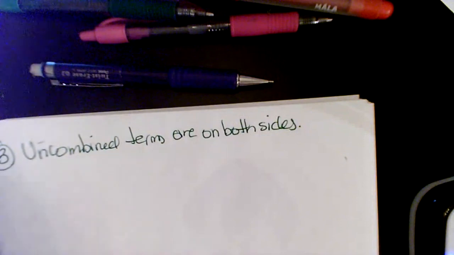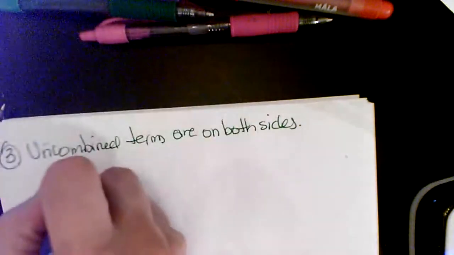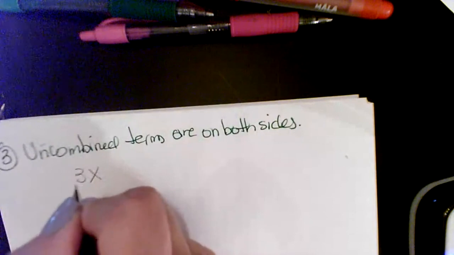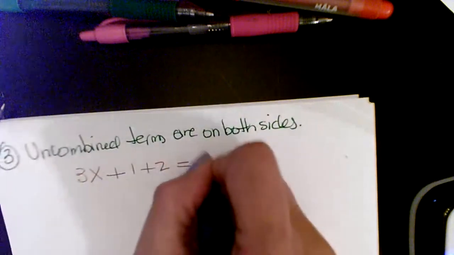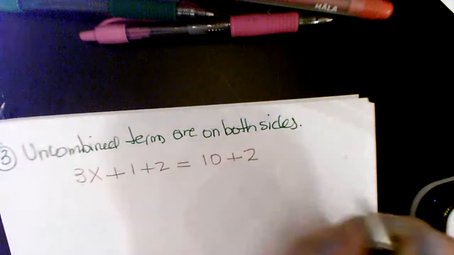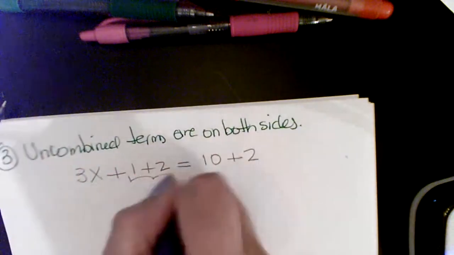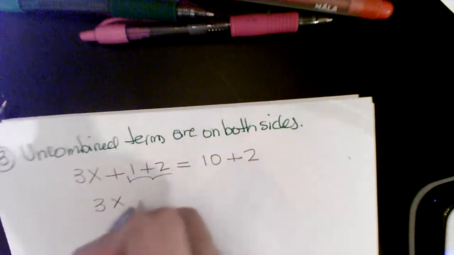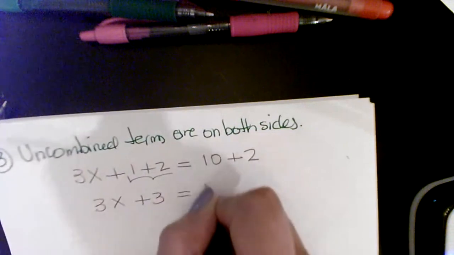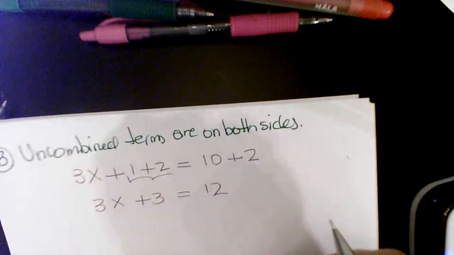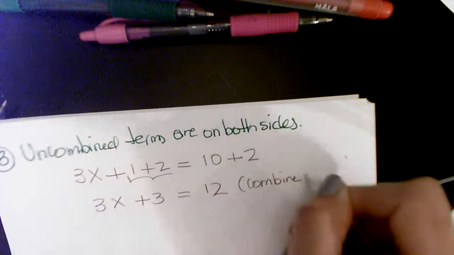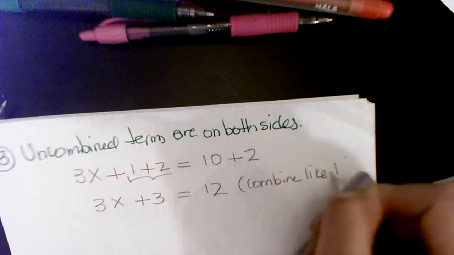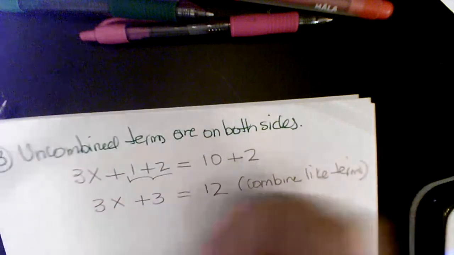It will be 3x plus 1 plus 2 equals 10 plus 2. So what do I need to do? Just combine the like terms. This will be 3 and this will be 12. Like terms.